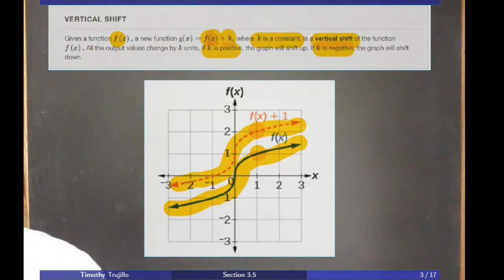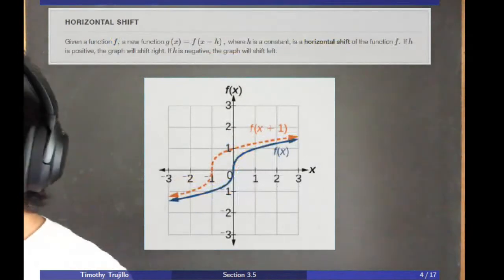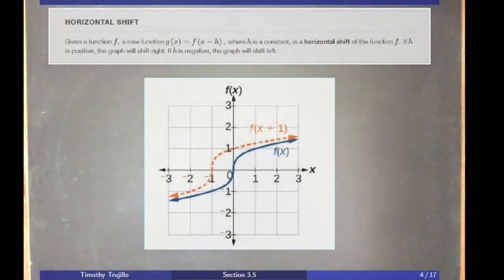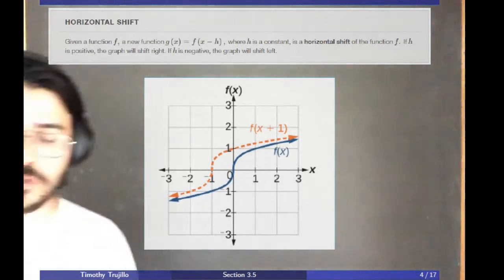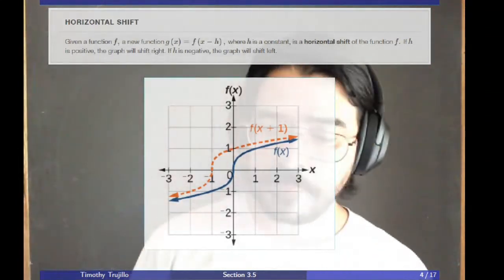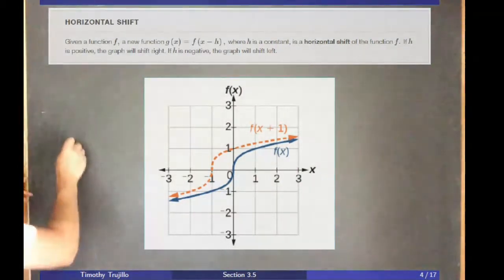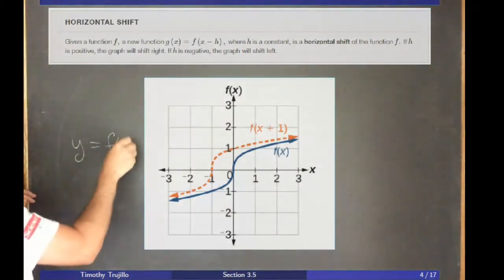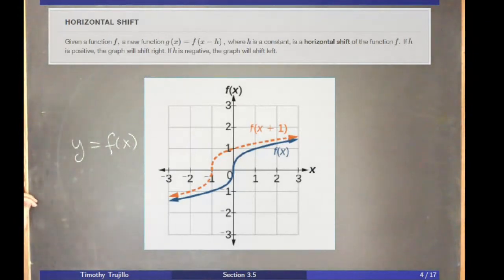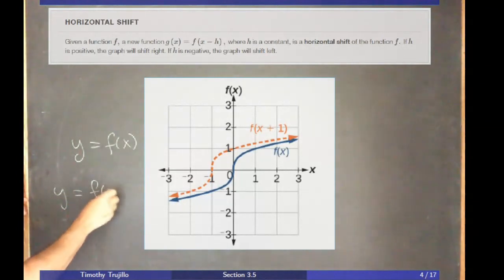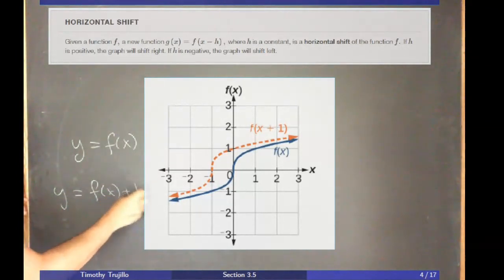Okay, so now we're going to talk about a horizontal shift. And in a horizontal shift, instead of adding on to the y value, you're going to add on to the x value. And I want to point out something here real quickly. In those cases, we were looking at something like y equals f of x, and if we wanted to shift it up by k, or down by k if k was negative, then we looked at y equals f of x plus k.